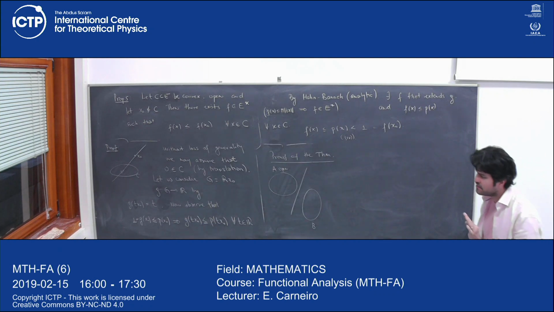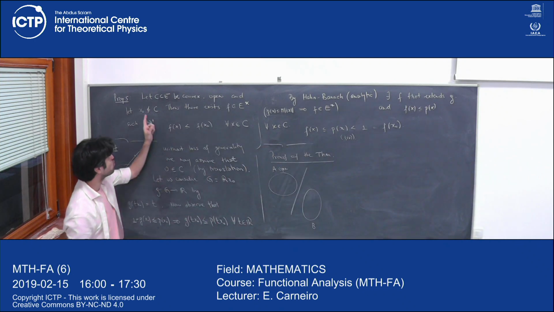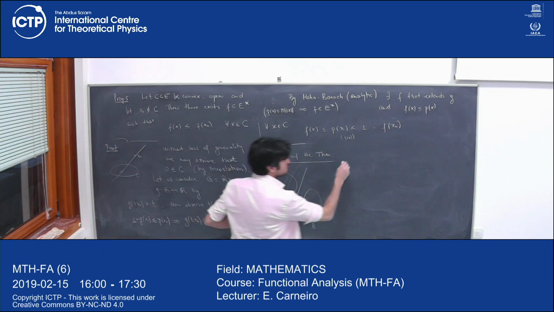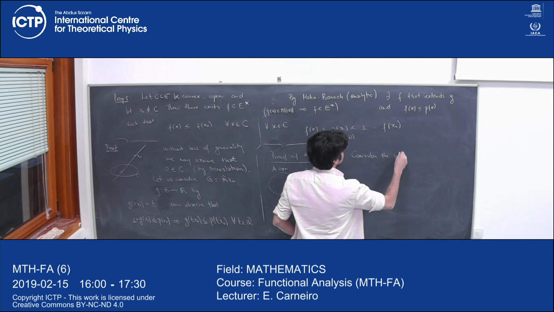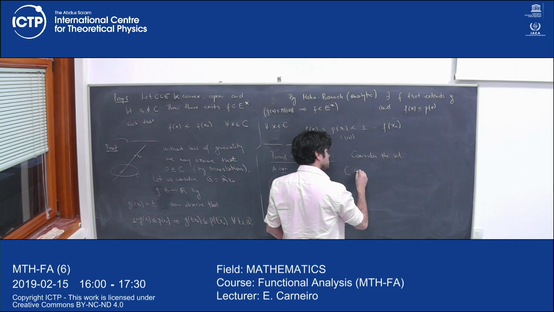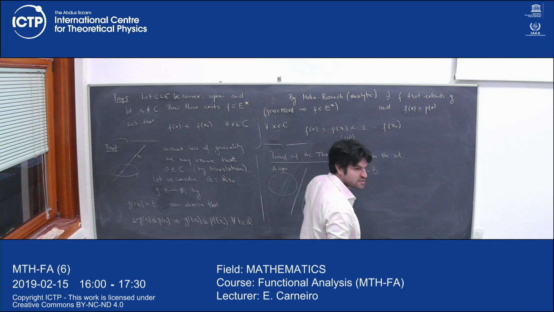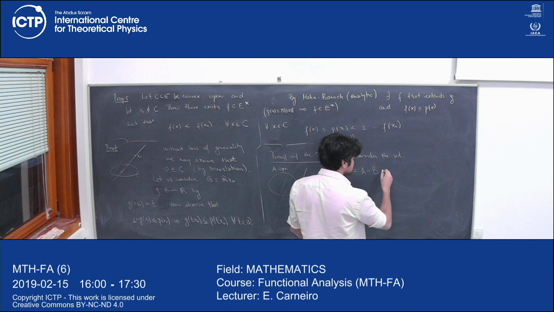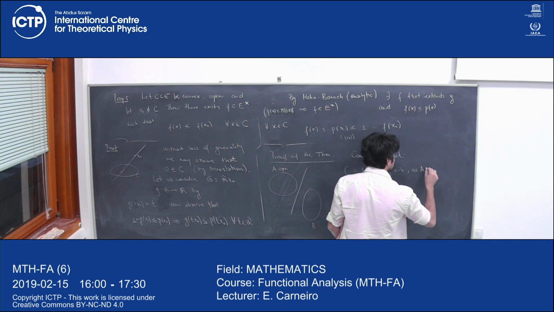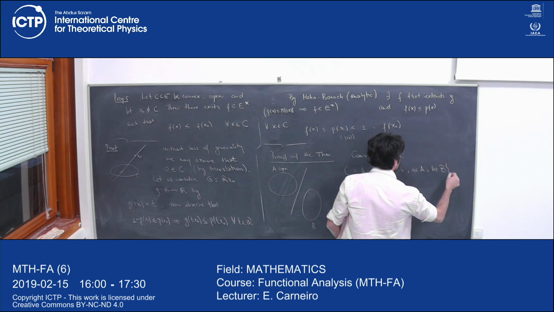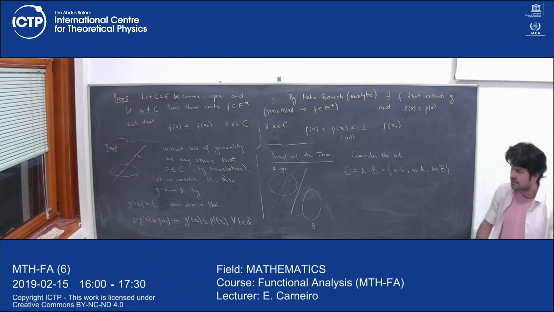So the idea here, the very nice idea, to somehow make use of this situation where you have just one point, is to consider the set C as the difference set, A minus B. This is not A minus B as sets, but it's just the set of points a minus b, with a belonging to A and b belonging to B. Here's the set of the differences. So consider this set C.